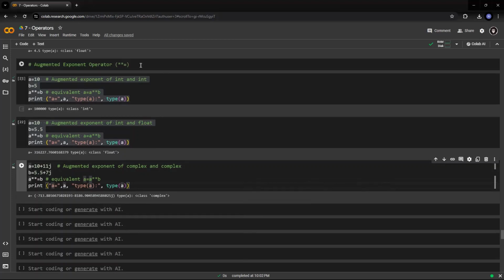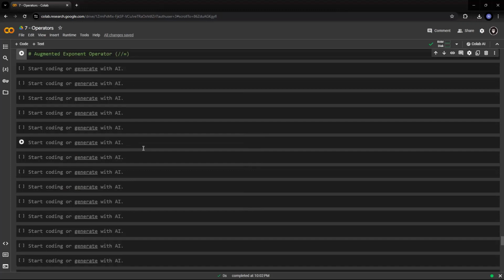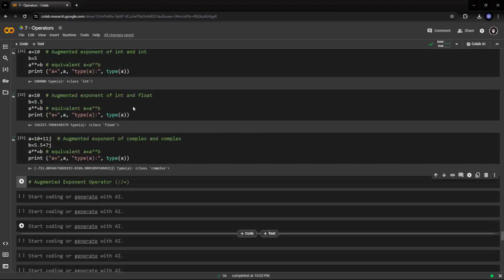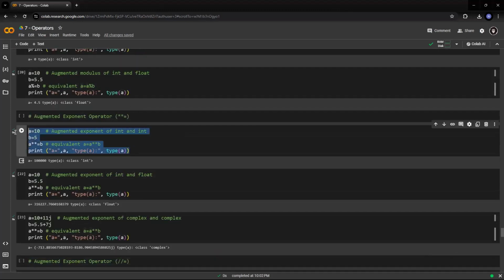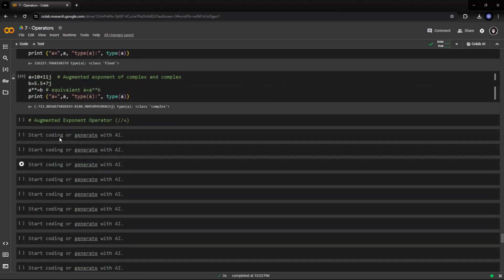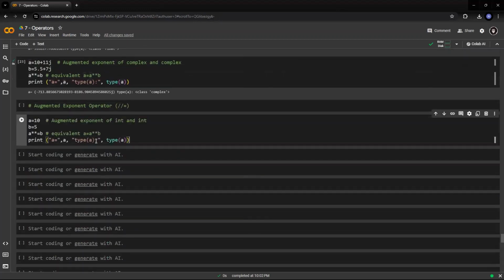Now the last topic on our assignment operators that you need to know is floor division, which in arithmetic, if you remember, is represented by double forward slash. Let's try the first one with two ints. Two integers, floor division.